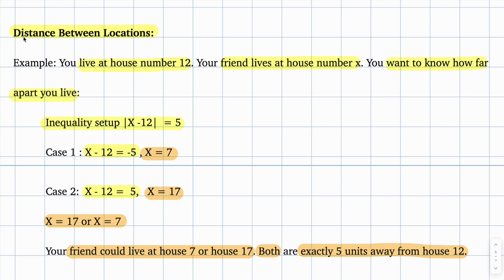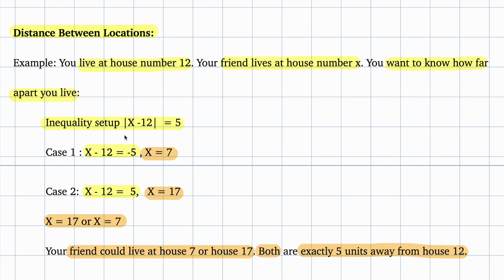Let's talk about the distance between locations. You live at house number 12 in some housing complex, and your friend lives at certain house number x. We want to know how far apart we live. Let's say the distance between your houses is going to be 5.